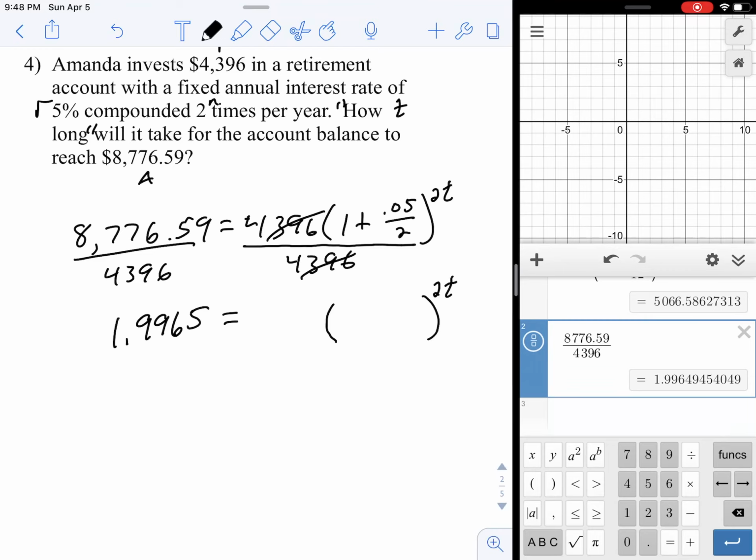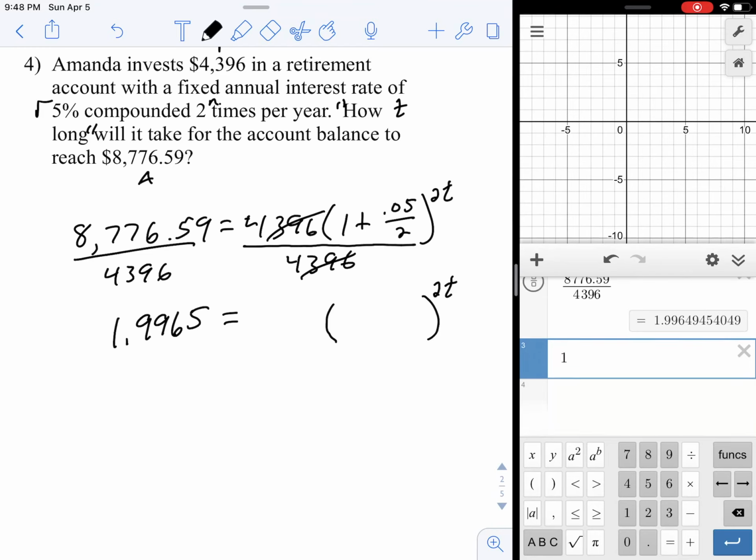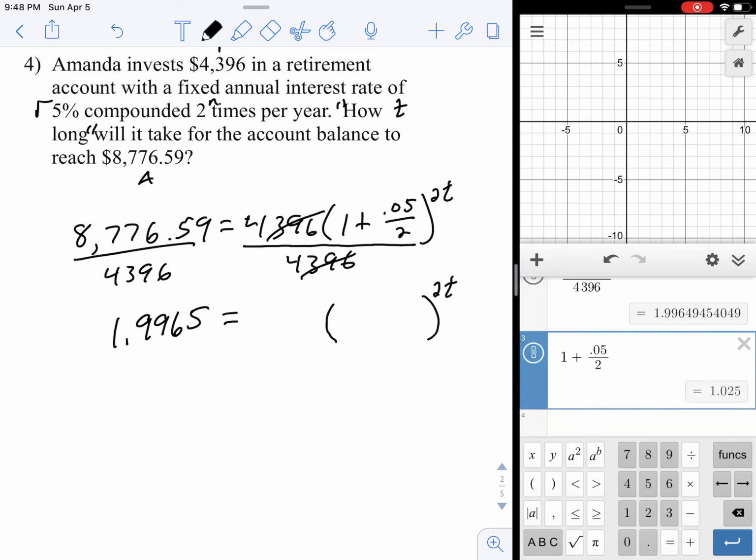But also, what's inside the parentheses, we can simplify that. 1 plus 0.05 over 2 is 1.025. Okay, so hope those steps make sense. We set up the formula, divided the number that was being multiplied, and simplified inside the parentheses. Now, we need to cancel out this base so that we can isolate the power.